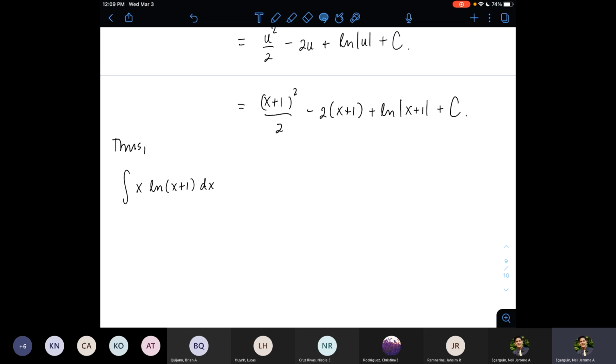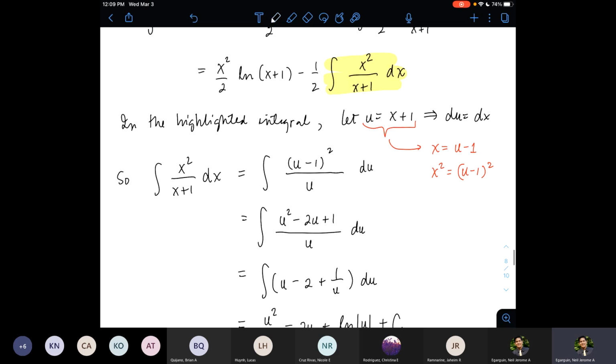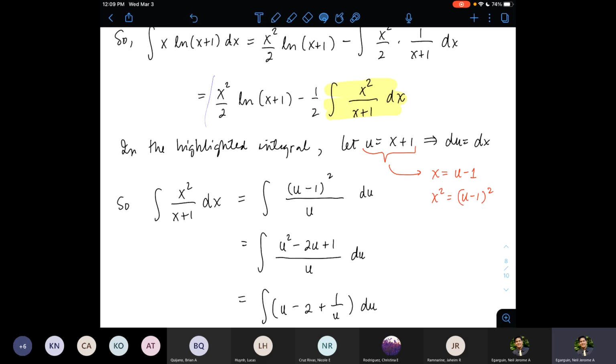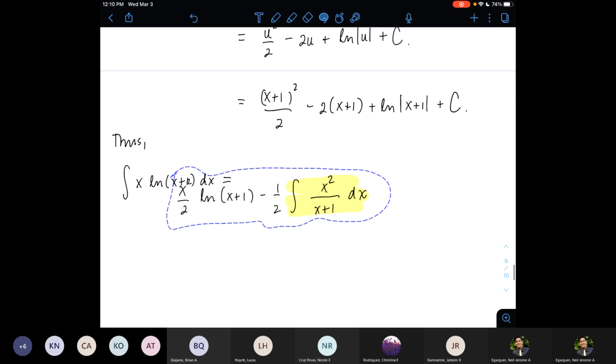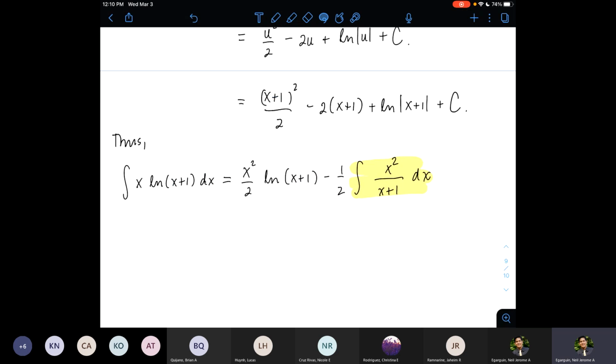And we said that using integration by parts, that thing is just equal to this. And I love that copy pasting is possible here. But remember that the highlighted integral was evaluated before.